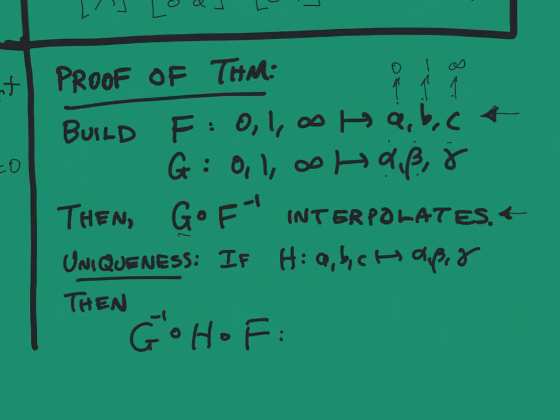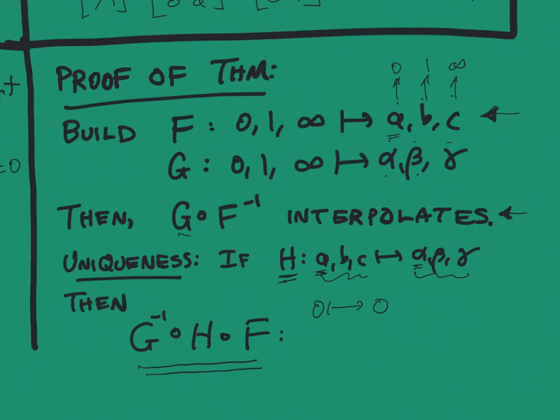Now for uniqueness, if I have another fractional linear transformation H that does this interpolation, well, what can I say about this? I've rigged this here so that we look at F composed with H composed with G inverse. Well, what does it do? It sends 0, well, F sends 0 to A, and H is assumed to send A to alpha, and then G inverse will send alpha to 0.